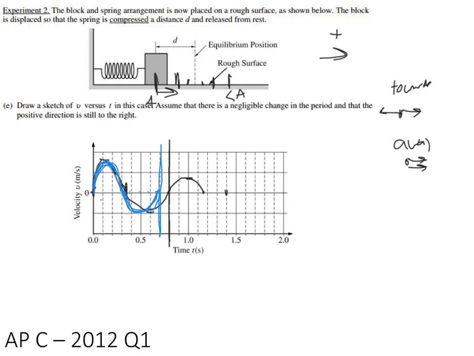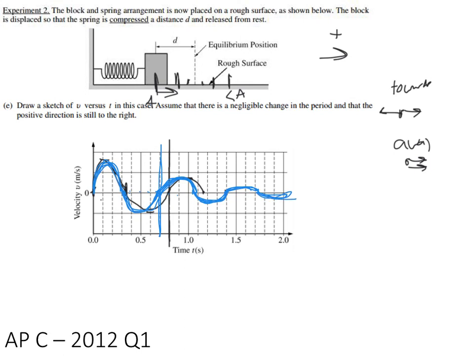So ignore the black line. It should be 1, 2, 3. I know it's a little hard to see what's going on. And you end up getting something that looks something like this.